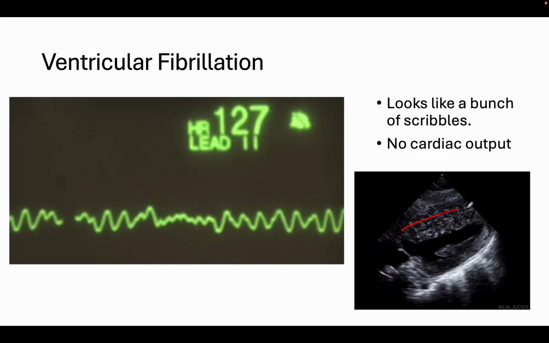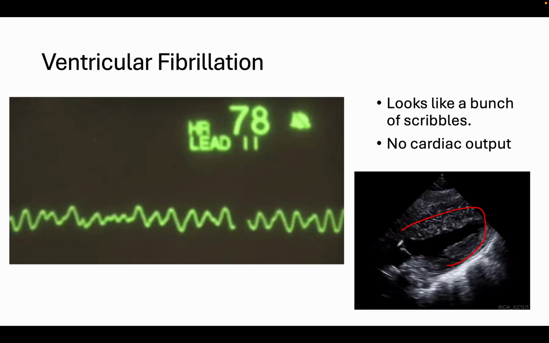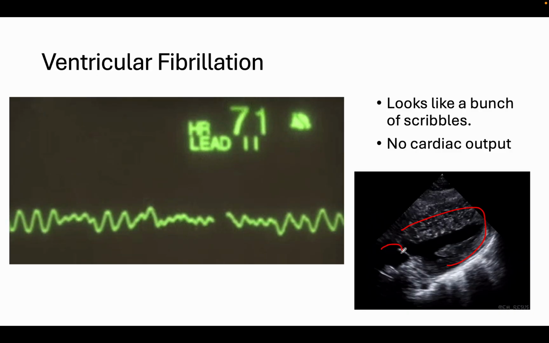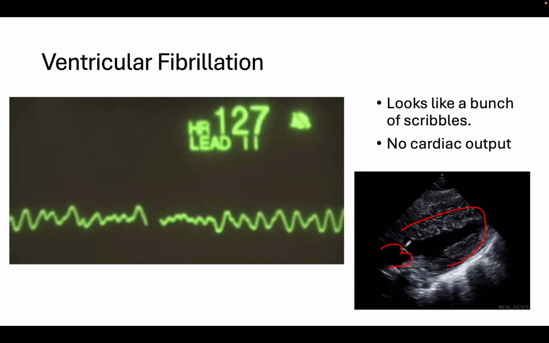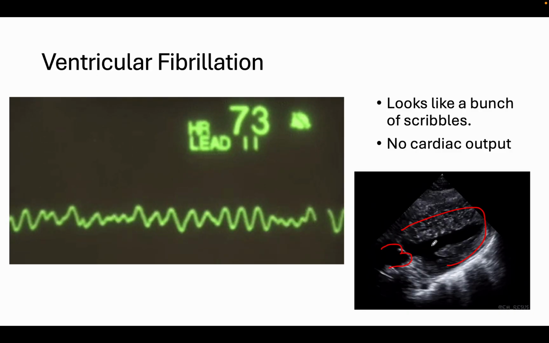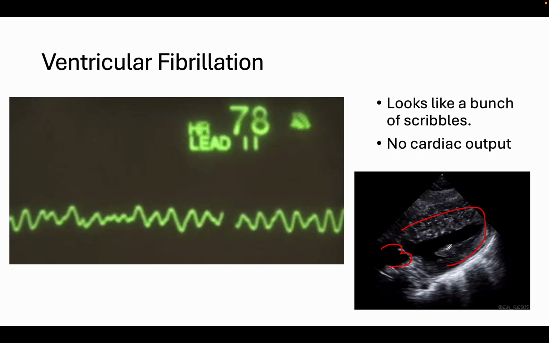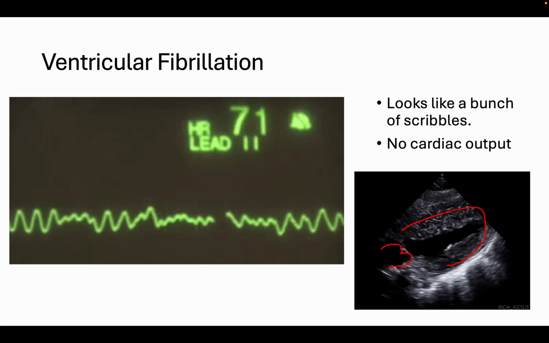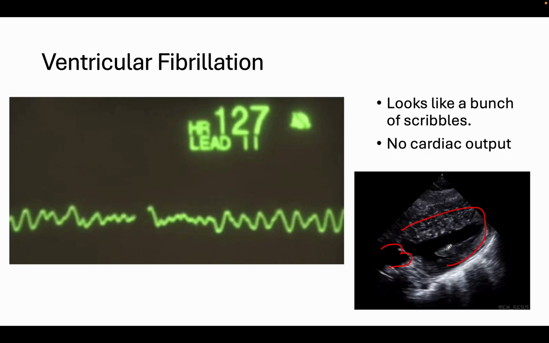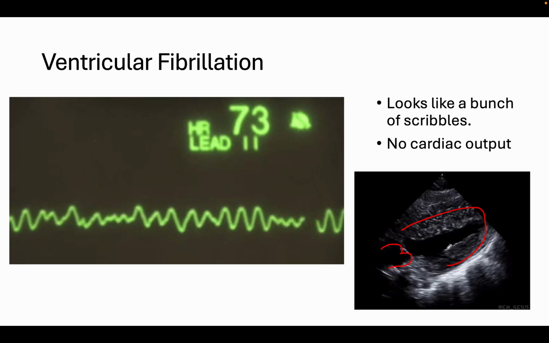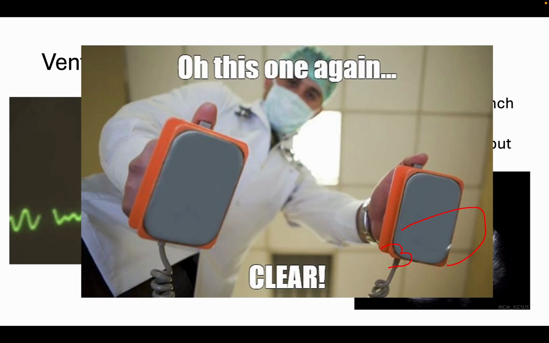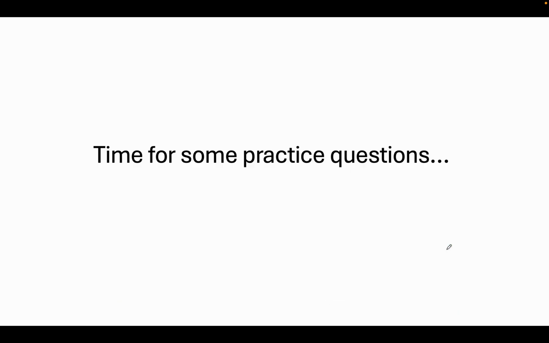This is the left ventricle, this would be the outflow tract, this is the aorta, and this is the aortic valve. It's not opening because there's no cardiac output, and the ventricle is just quivering. Again, it's another rhythm that causes a cardiac arrest. And what is the treatment for ventricular fibrillation? It's to shock the patient back out of it.